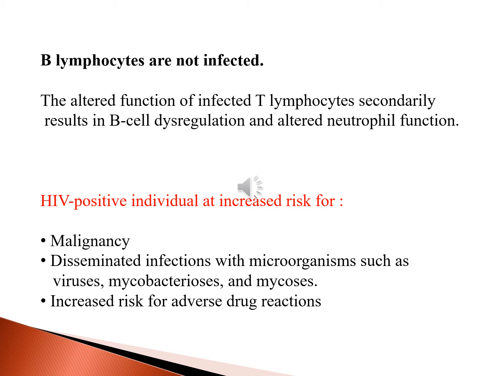And HIV positive individuals are at increased risk for developing various types of malignancies and disseminated infections with microorganisms such as other viral infections, mycobacteriosis, and mycosis, that is fungal infections, and they have increased risk for adverse drug reactions.